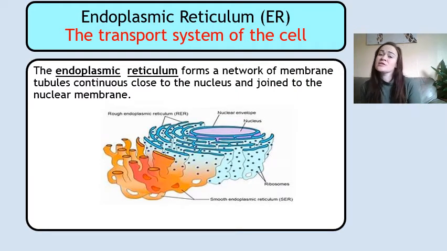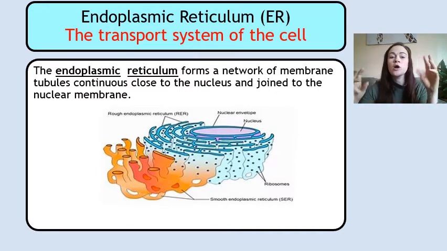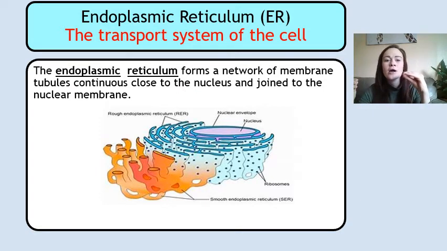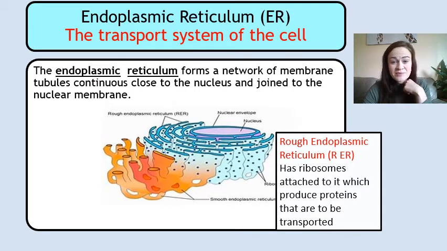Now, the endoplasmic reticulum, also known as ER, is a transport system of the cell. It's basically a network of tubes that are really close to the nucleus, and they're actually joined to the membrane around the nucleus. There are two types of endoplasmic reticulum.